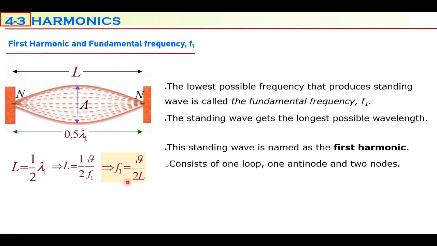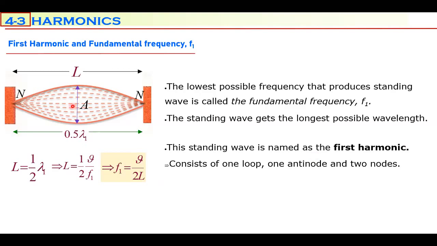So this fundamental frequency f1 depends on the speed of the wave in the string and, of course, the length of the string. This standing wave, named the first harmonic, consists of one loop, one antinode, and two nodes.